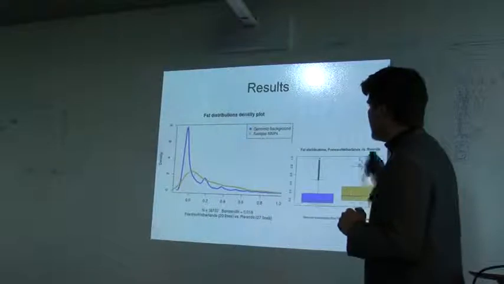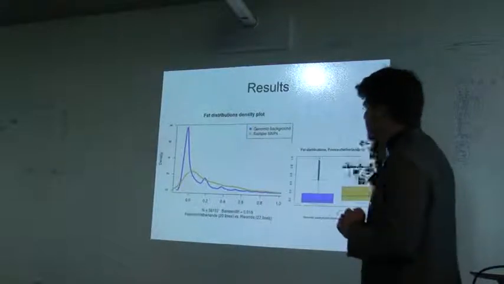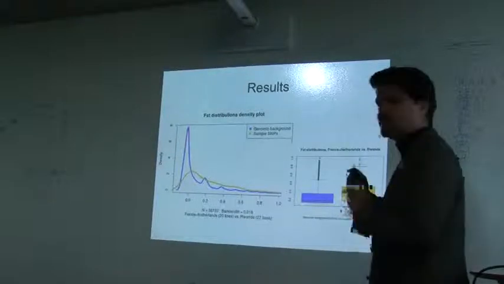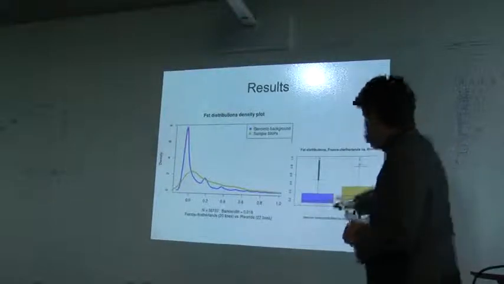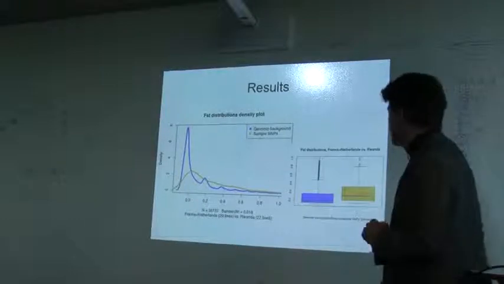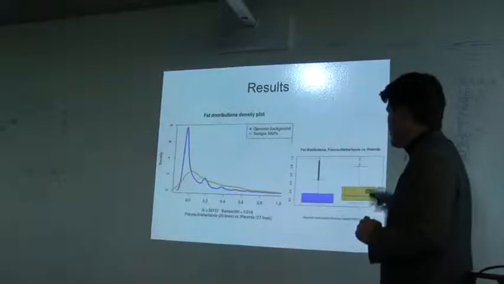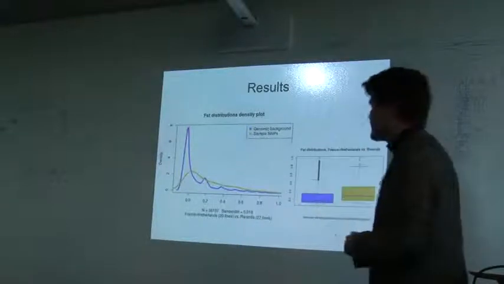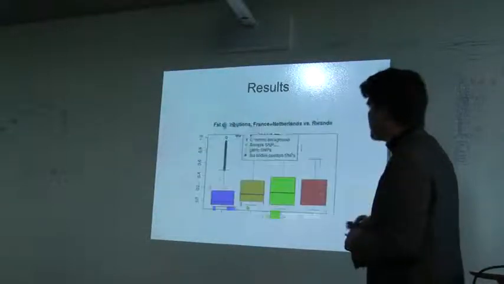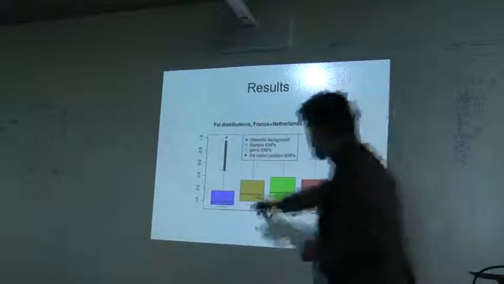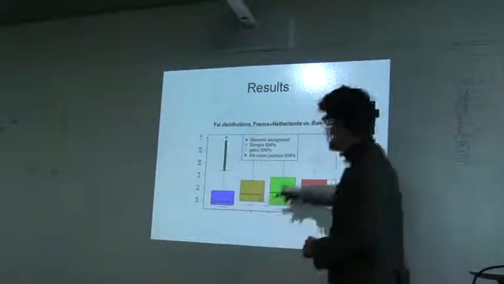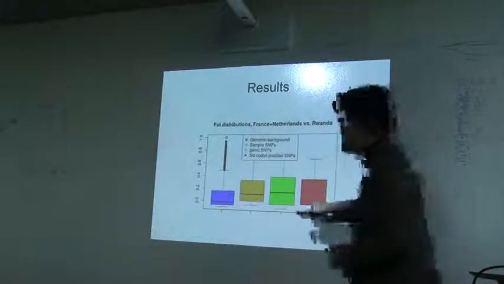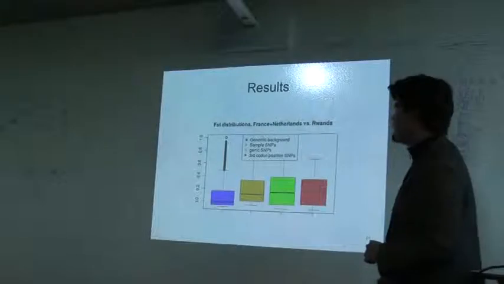And this is a more recent result that I got when I performed a lot of quality controls at the end, and there's still a significant difference between these. I don't show the p-values because they are really very small, on the order of 10 to the minus 16. So even if you subcategorize the sample into genic SNPs or just the SNPs that are in the third codon position, there's still a significant difference.